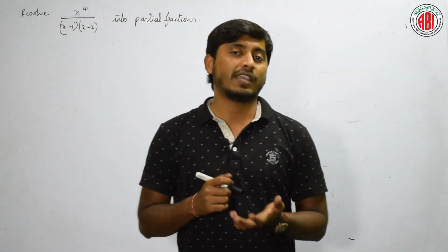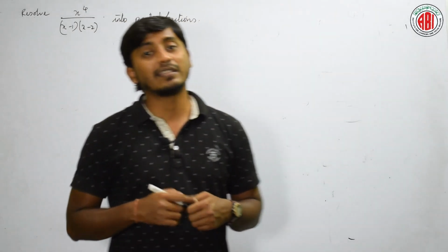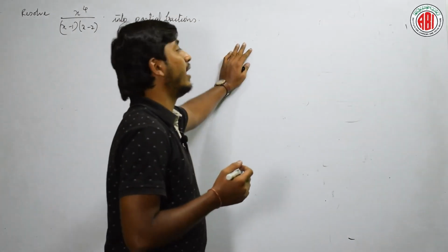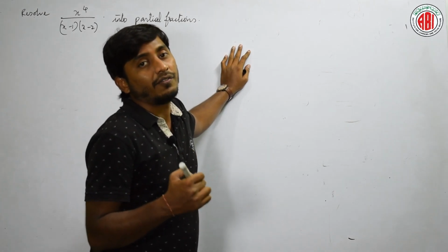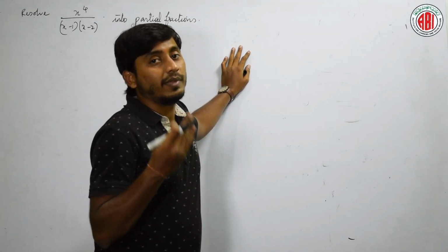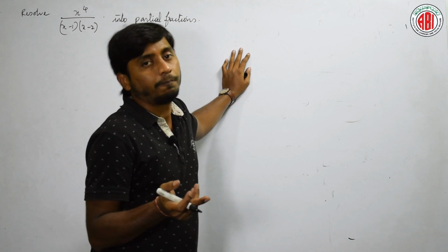So, what if the given function is improper? Improper is when the numerator degree is not less than the degree of the denominator, that is either it should be greater or it should be equal.